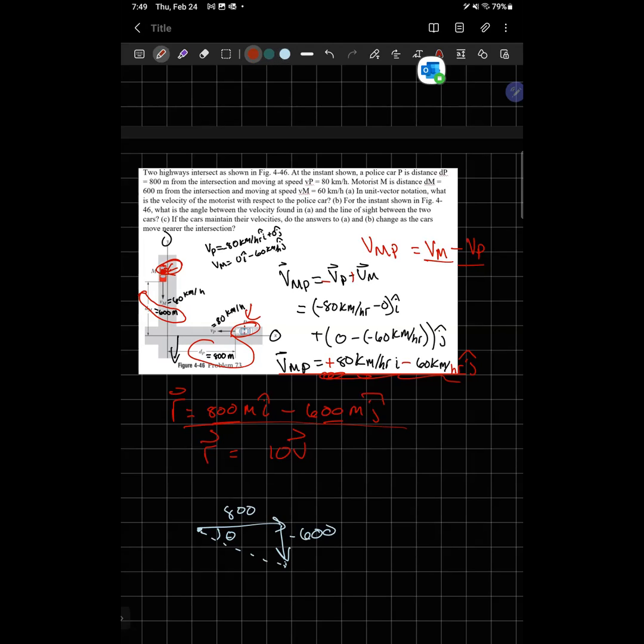And then do the exact same thing for V. You'll notice that they have the exact same angle. Does that make sense?